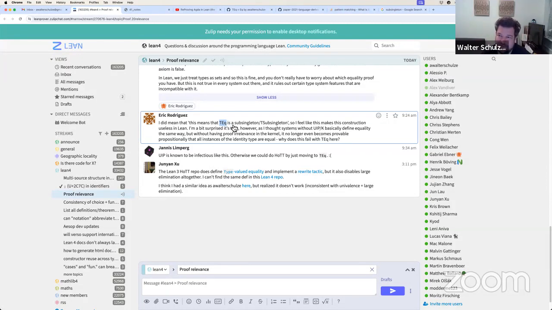It would be nice to be able to use EQ and still have the regex be from string to type and not from string to prop, but have everything you want to prove in terms of equality still be in prop. So the parses are in type, but the proofs of equality are in prop. That's another question I have.